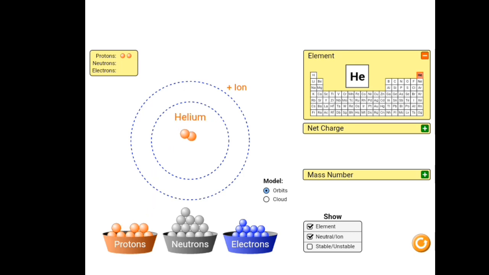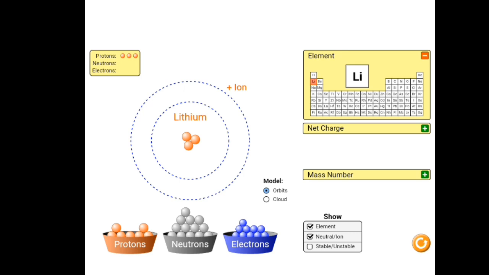Let's try 2 protons. You see that with 2 protons, proton number 2, the name of the element has changed to helium. That states that the element with 2 protons is helium. Let's add one more to check.